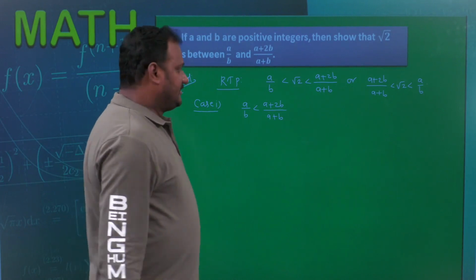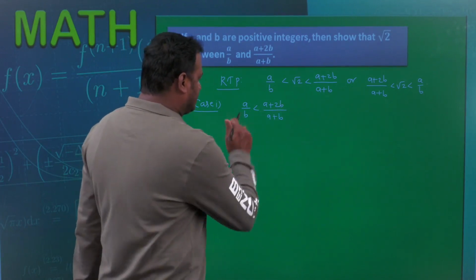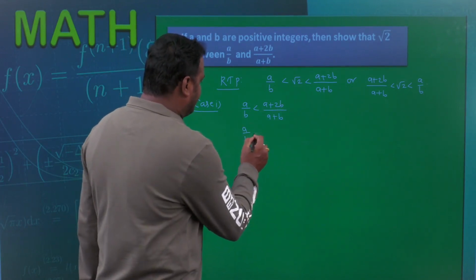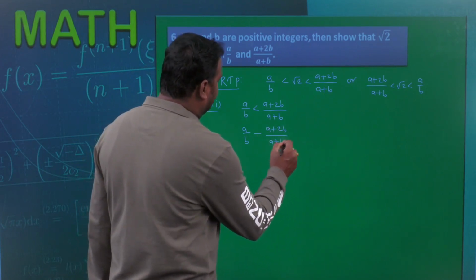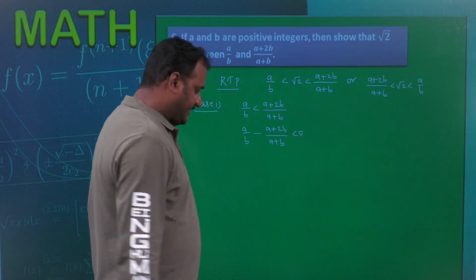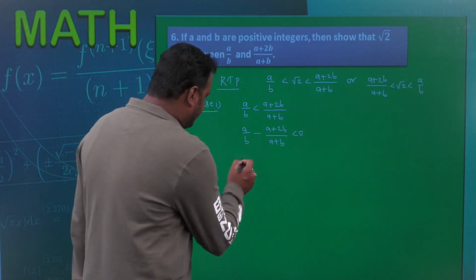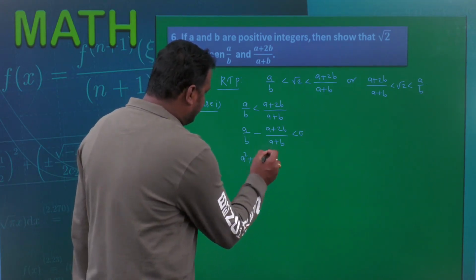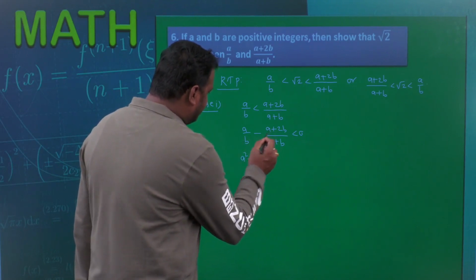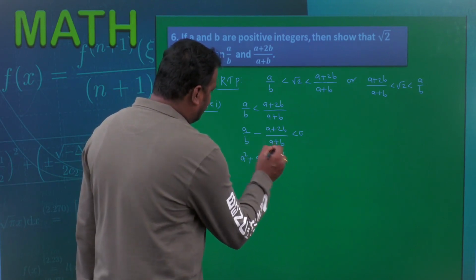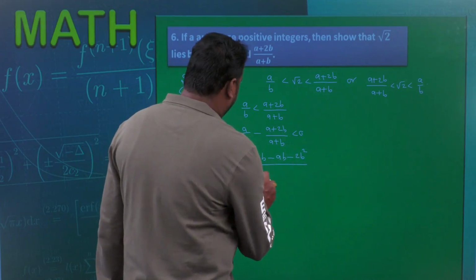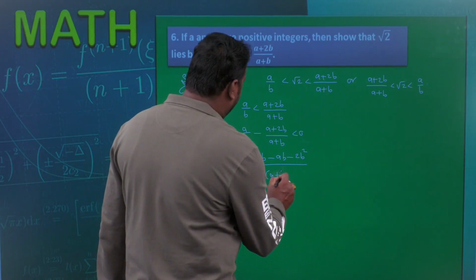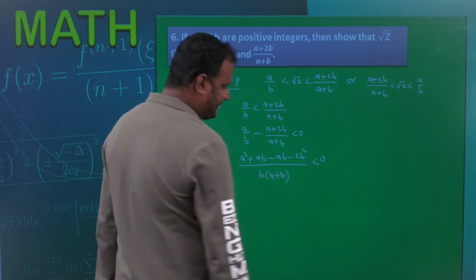Transpose this towards the left hand side, then a by b minus a plus 2b divided by a plus b must be less than 0. Then when you simplify, a into a is a square, plus a into b is ab, minus a into b is ab, minus b into 2b is 2b square, whole divided by b into a plus b, less than 0.